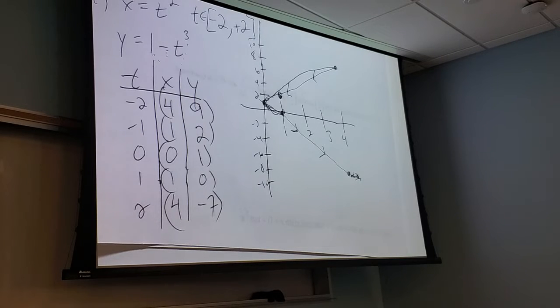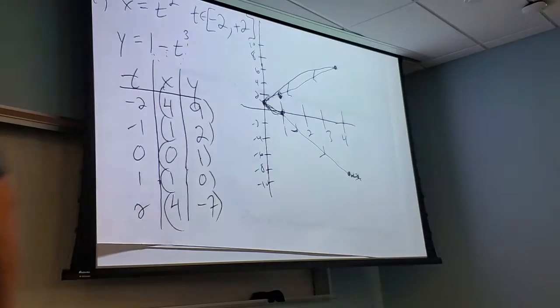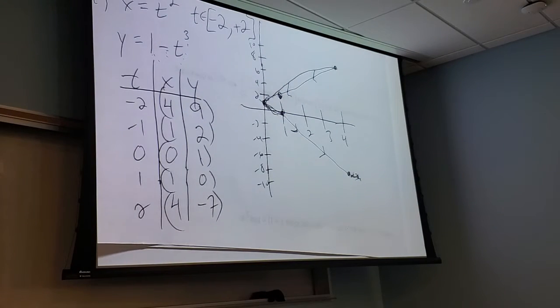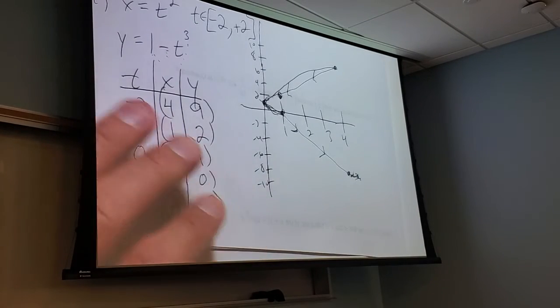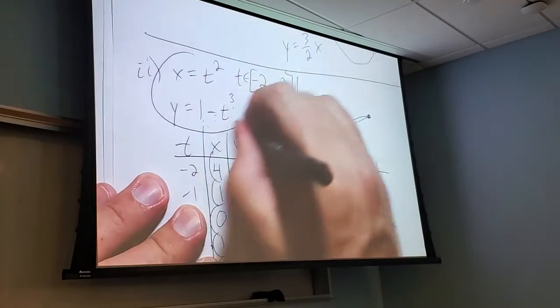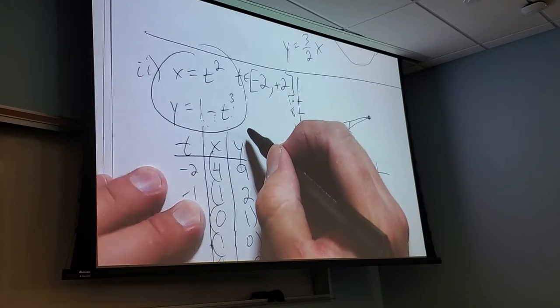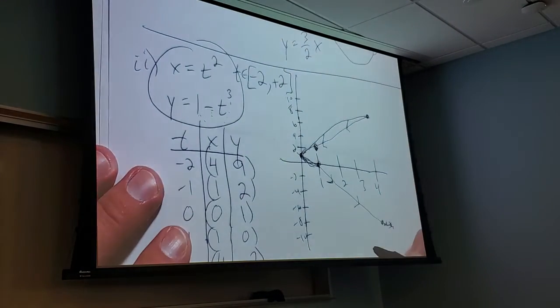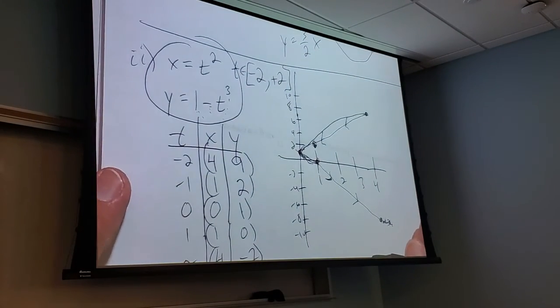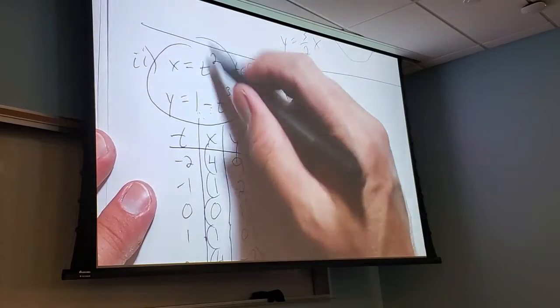So real quick, on this last one we did, this one's a little bit tougher, but can you imagine a way to solve for t to get x and y to be the same thing?